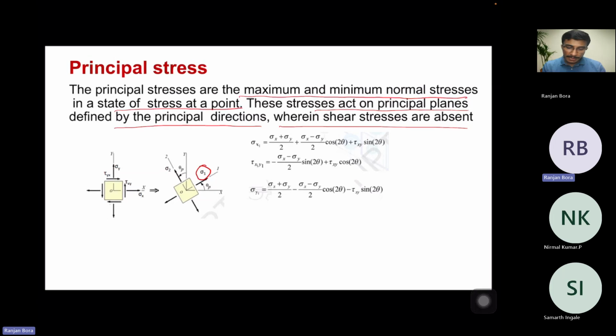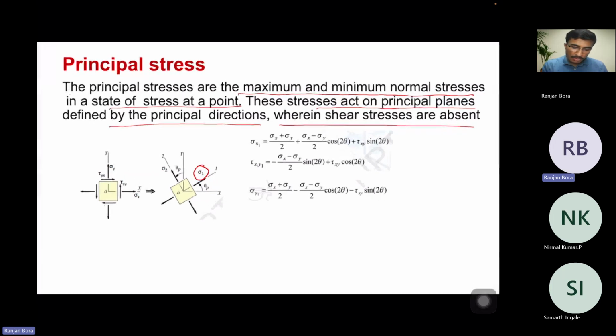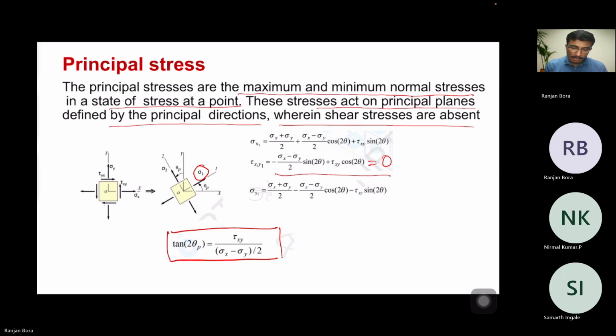And how to get the expression for principal stress? Since there is no shear stress, we'll equate this shear stress component to 0. From this, we'll get this expression: tan 2 theta equals tau xy divided by (sigma x minus sigma y) divided by 2. After we get the tan 2 theta, we can get sine 2 theta and cos 2 theta using trigonometric relations.